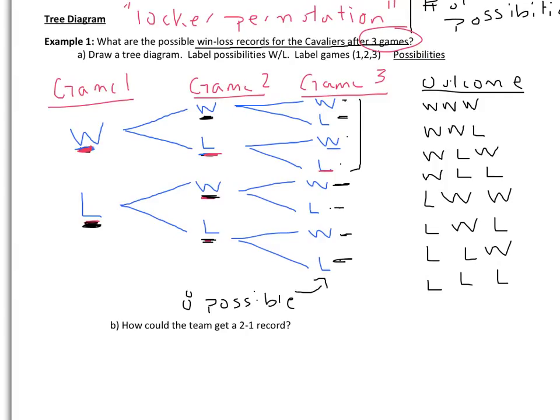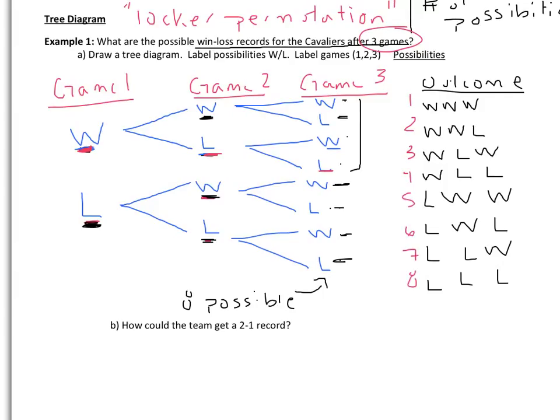Now, when I look at this, if you were to figure out the likelihood of them winning all 3 games, and I asked you what the chances are, you would say they really have 8 different outcomes that can happen after 3 games. Here's our first, second, third, fourth, fifth, sixth, seventh, and 8th outcome.